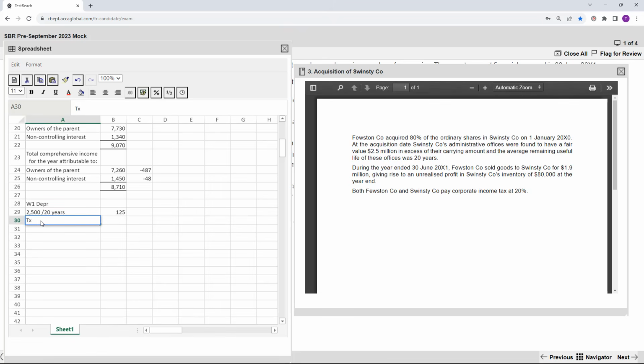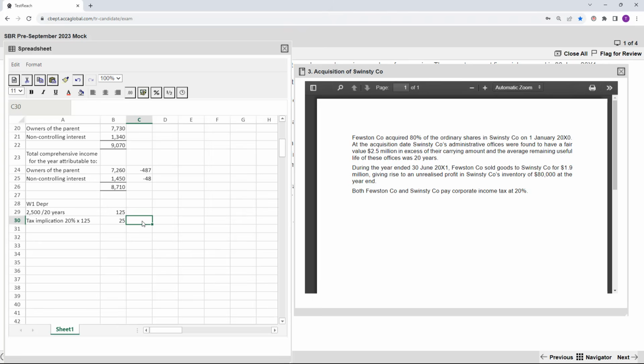So there is a tax implication. And the deferred tax implication is at 20%, because we're told the tax rates are 20%, which is a fifth. So the tax implication of that is 25. Now, if we were reporting an additional gain, there will be additional tax on that gain.